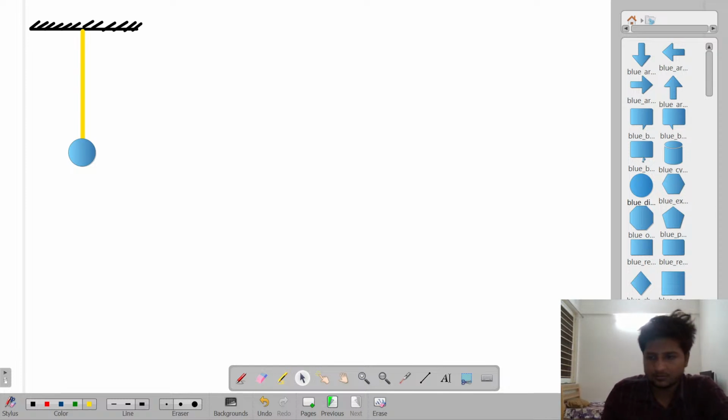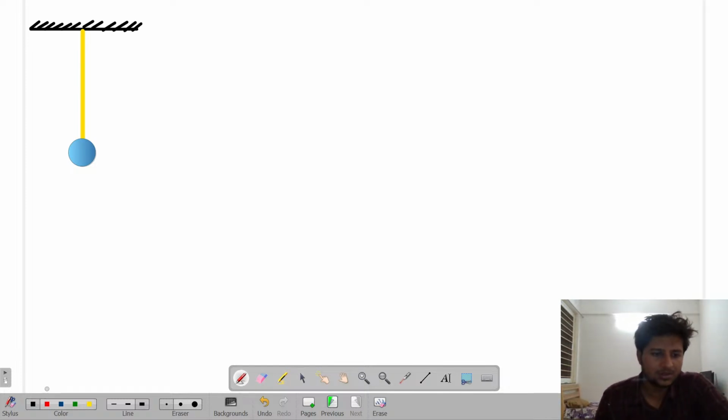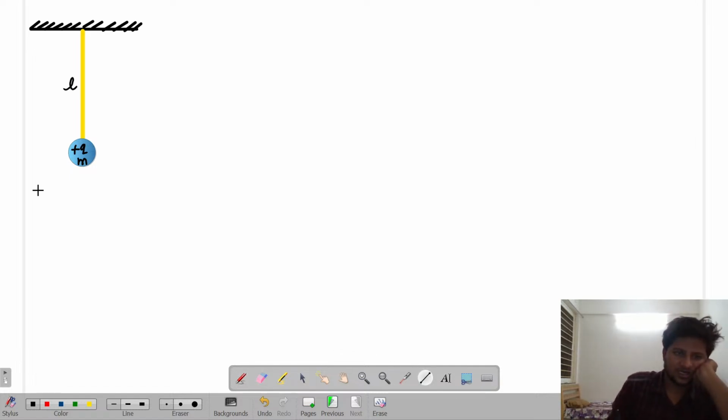Okay, the charge has plus q amount of charge and mass M. Got it? And length of thread was L. Now suddenly I switch on a uniform electric field along the right direction.